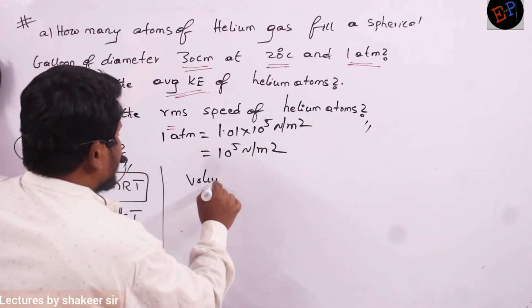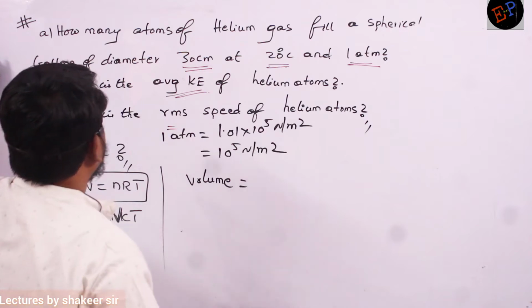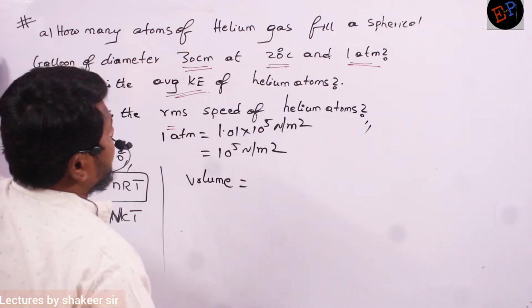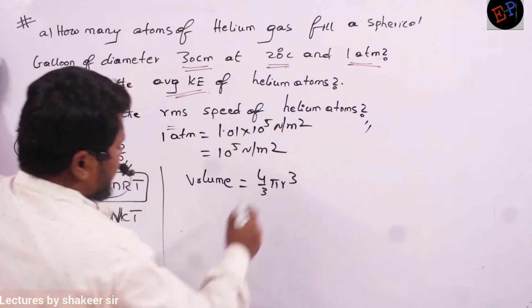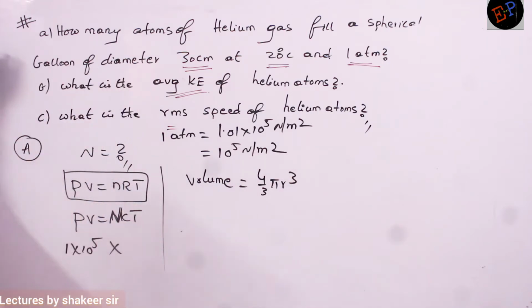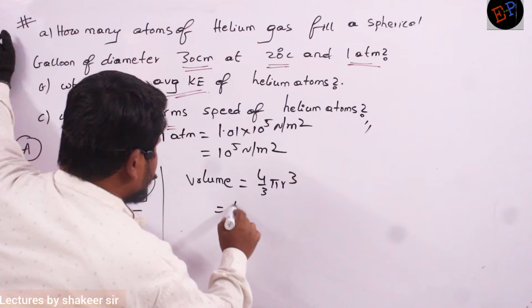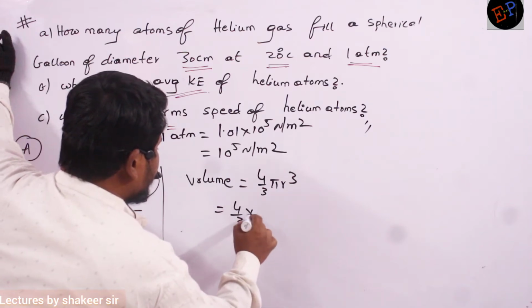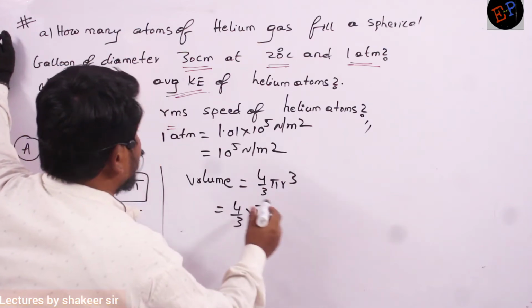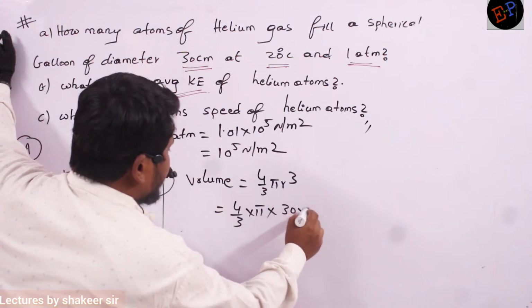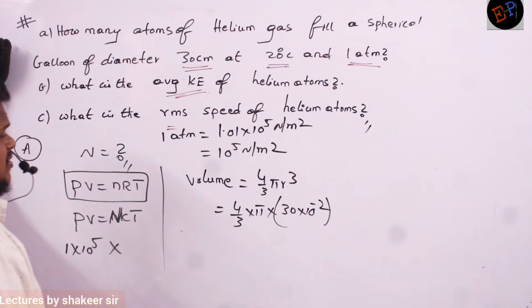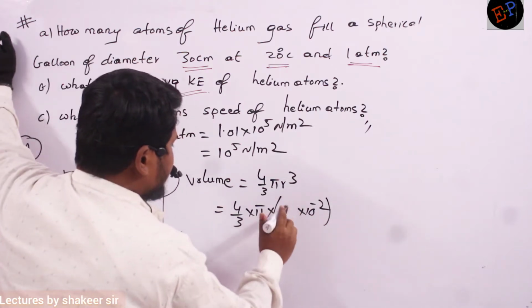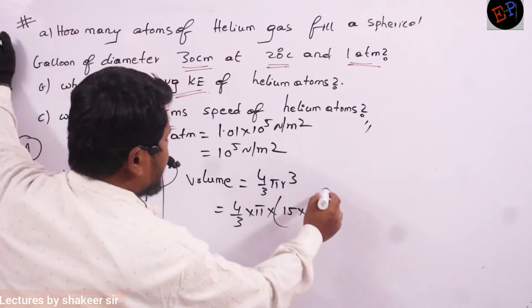Volume of this balloon, a spherical balloon, so therefore it is 4 by 3 pi r cube. This is the volume of a sphere. Diameter is given as 30 centimeter, so the radius is 15 centimeter. So 4 by 3 multiplied by pi into 15 into 10 power minus 2 whole cube.